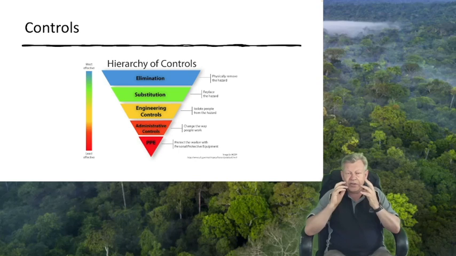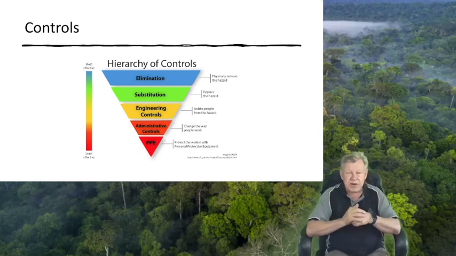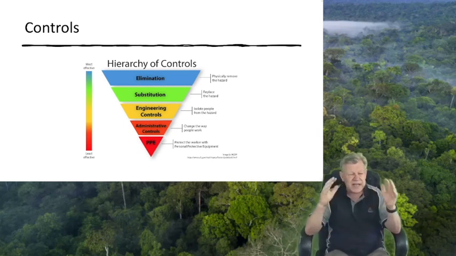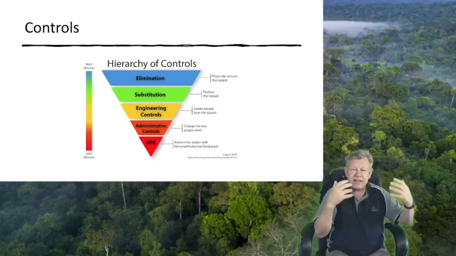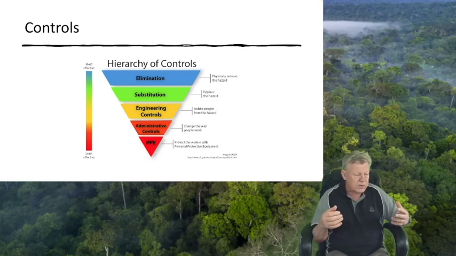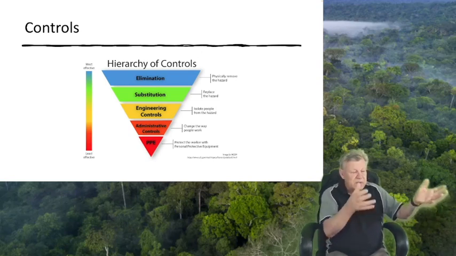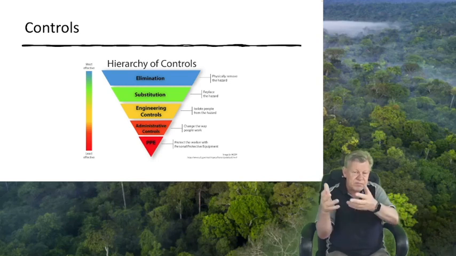When we have retained the risks and we are trying to manage them, the best way of reducing risk is to eliminate, physically remove the thing that is going to cause the harm. If you are working somewhere and you find there's a bomb, what's the best way to protect people? Well, that bomb has to be removed.